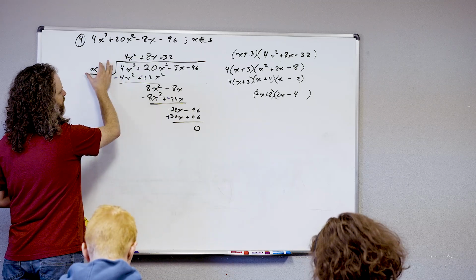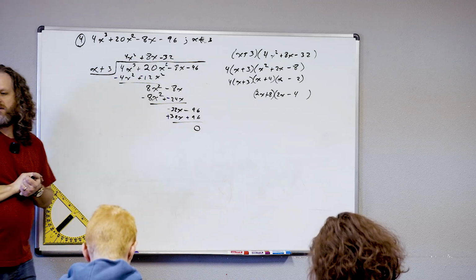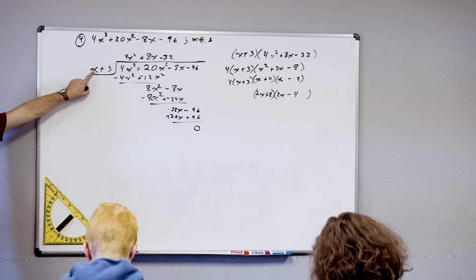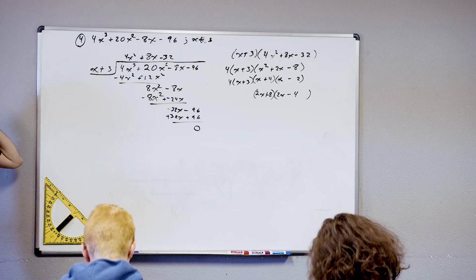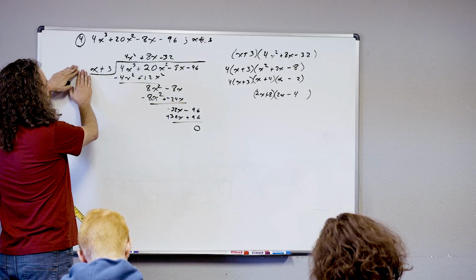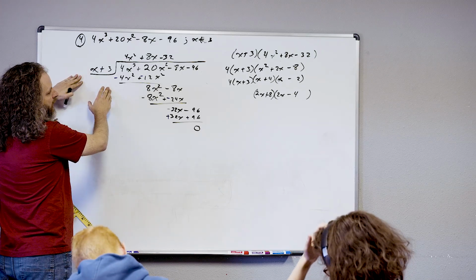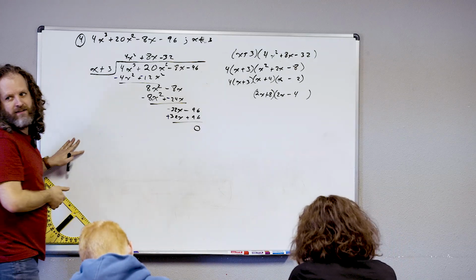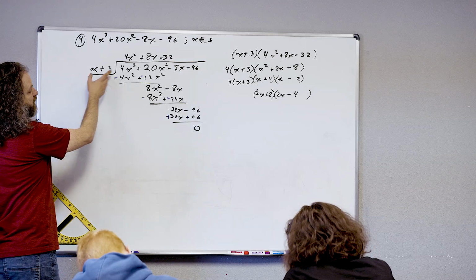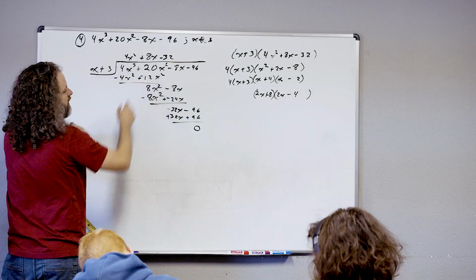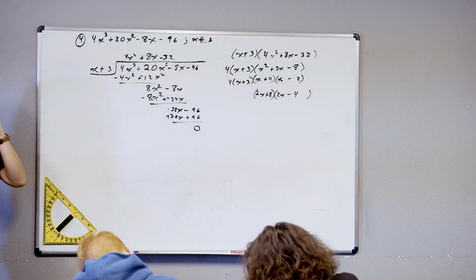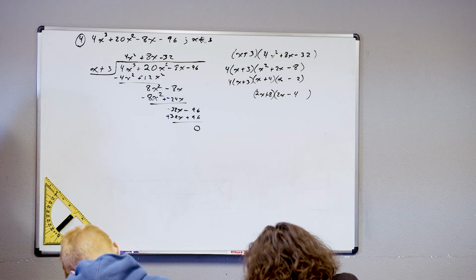Negative divided by a positive is a negative, because you're dividing by this front thing. So it's whatever that would be. If it was negative and negative, we can do that in long division. We can't do that in synthetic, but it could be negative x plus 3, and then they would all flip. But you're matching it to the thing you're dividing by, and then you just flip the sign.